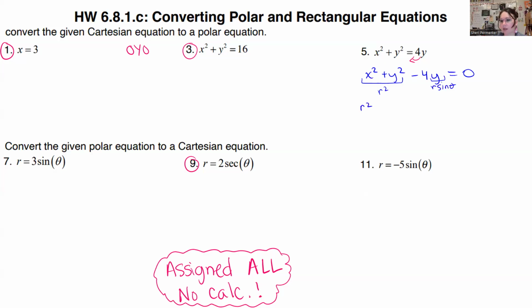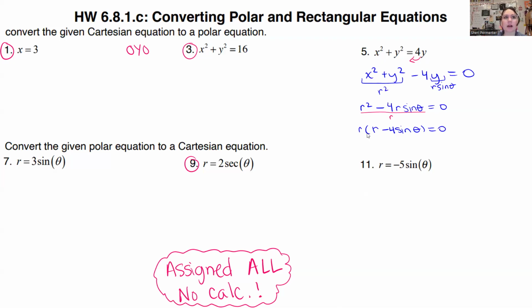So I get r squared minus 4r sine theta equals 0. And then I notice that both terms have an r, so I'm going to factor out an r. Factoring is the same thing as dividing, so I'm going to factor out an r. It's going to go out into the front, and I'm left with r minus 4 sine theta equals 0.